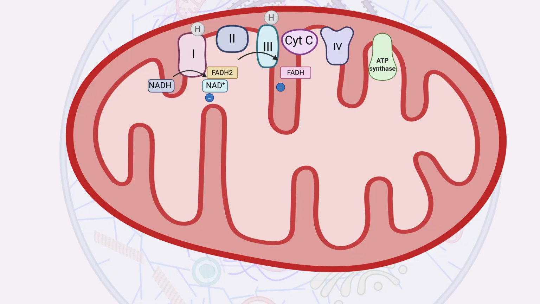This regenerates NAD and FAD to be used in glycolysis and the citric acid cycle. Meanwhile, the electrons released from breaking these bonds are passed down these 4 proteins until we're ready to deal with them. In the meantime, those hydrogen atoms that got pumped into the inner membrane space desperately want to exit and become reunited with an electron.